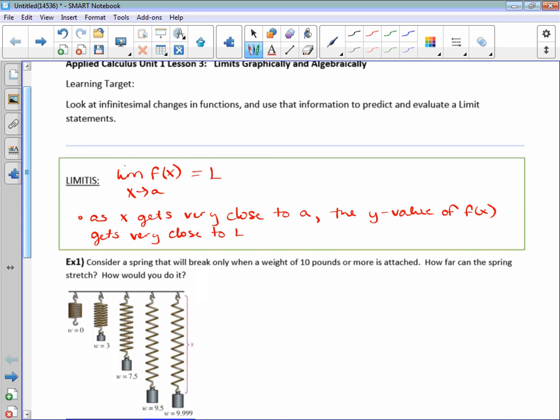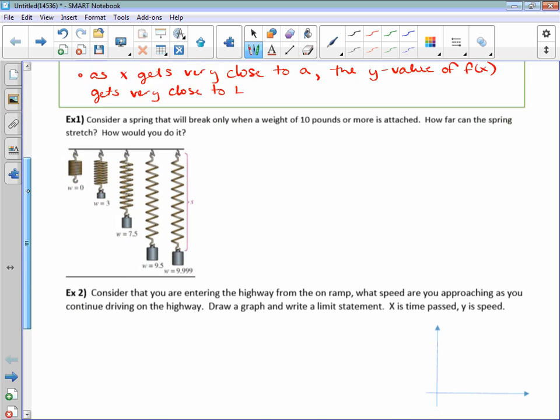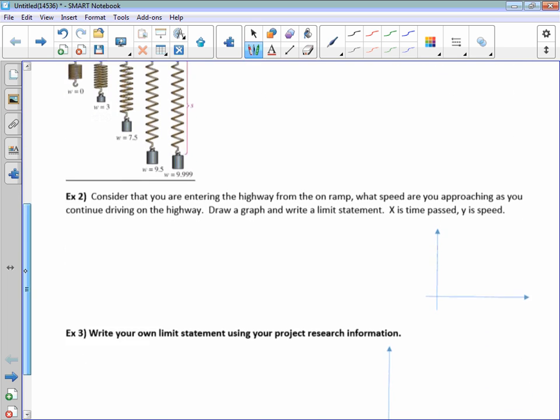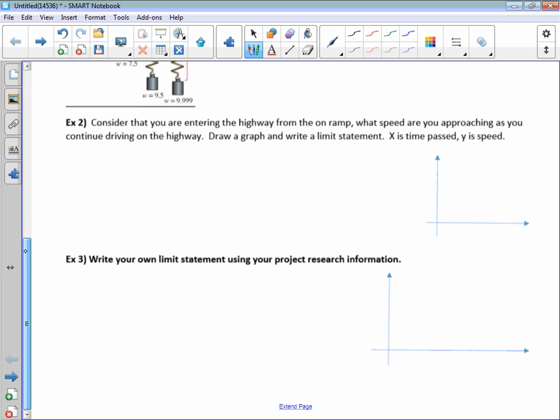And guys, I actually think this spring example is more confusing than it is helpful. So we're just going to do the second one here. Consider that you're entering the highway from an on-ramp. What speed are you approaching as you continue driving on the highway? I'm going to draw a graph and write a limit statement for this.